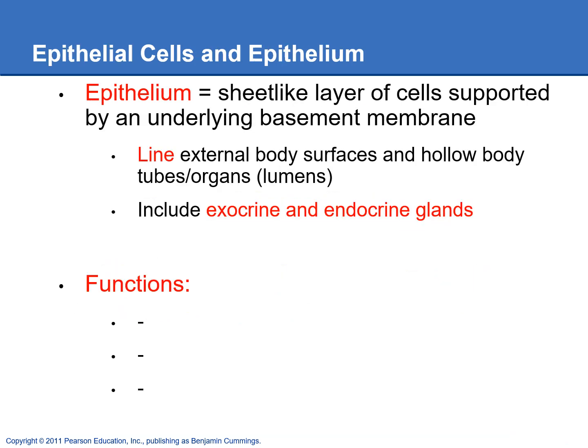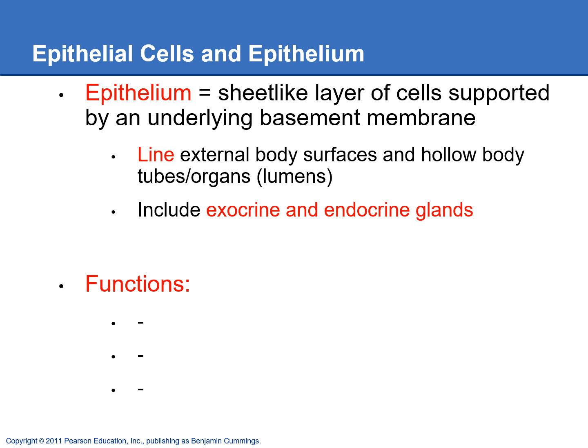And then epithelial cells, putting those together forms epithelial tissue, also called the epithelium. The epithelium is a sheet-like layer of cells that's supported by a basement membrane underneath. And the epithelial layer is going to line things in the body.